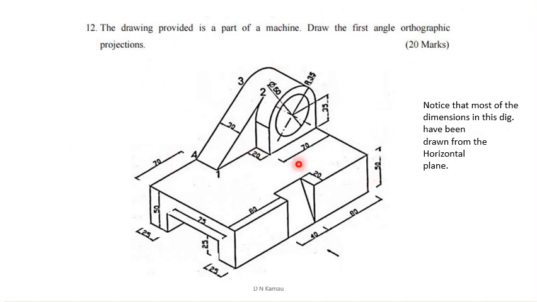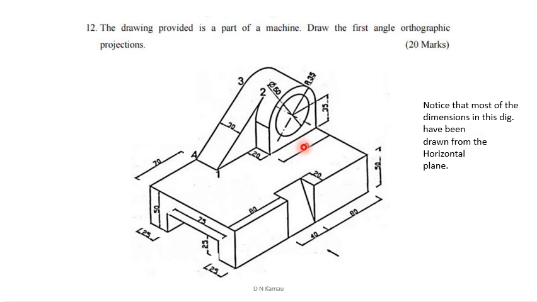In this drawing, as we project the dimensions, look at this dimension. This dimension is coming from this horizontal plane, pushing from the horizontal plane. It is aligned to that, and it is aligned to this. So this one is from horizontal. This one is horizontal.